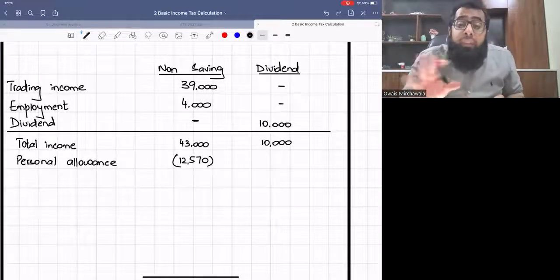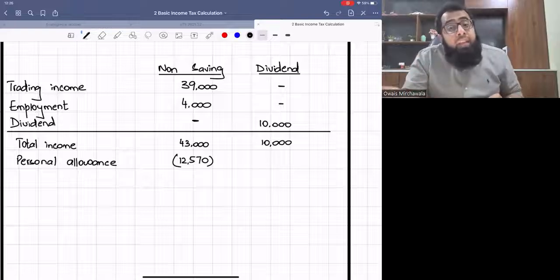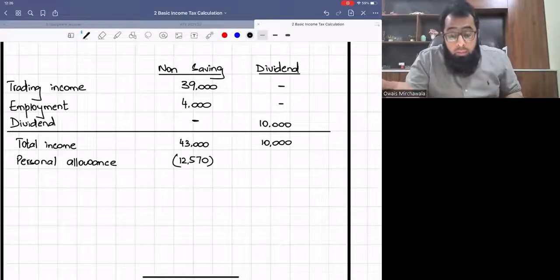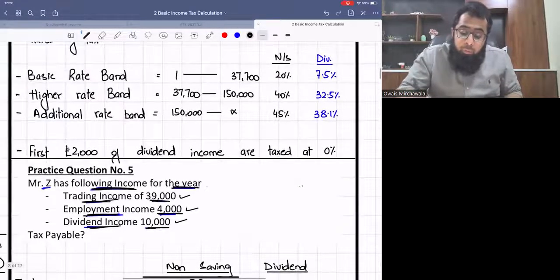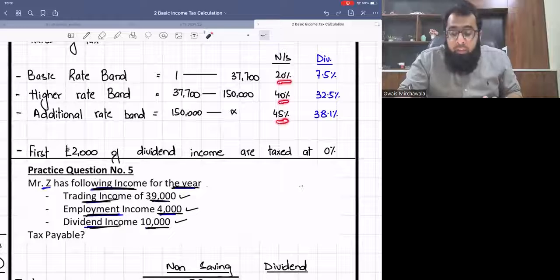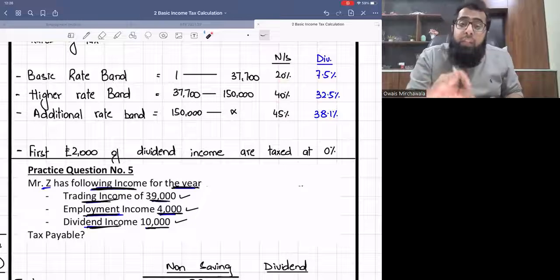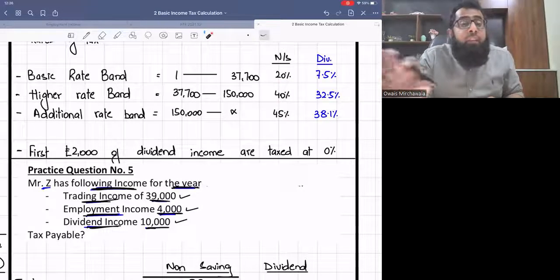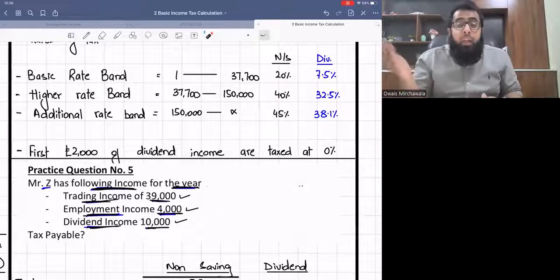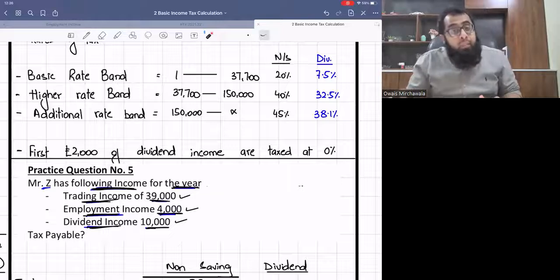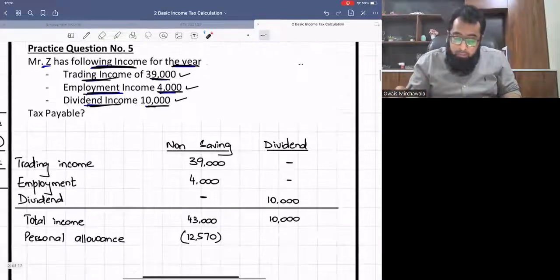We need to offset first the income which has higher tax rates. Non-saving income has rates of 20, 40, and 45, whereas dividend has 7.5, 32.5, and 38.1. For tax rates, you don't need to worry. They will be given in the exam paper. A separate tax rate sheet is given.